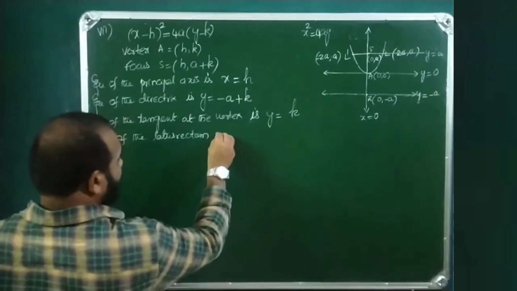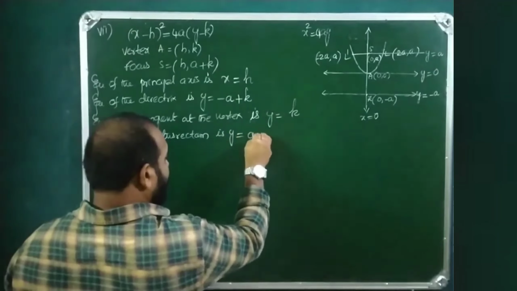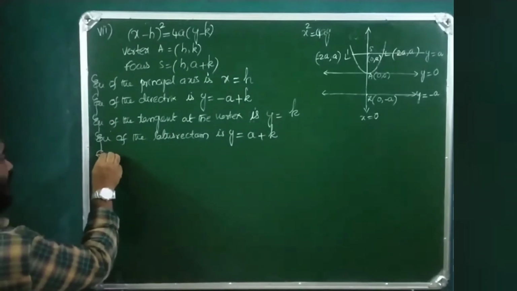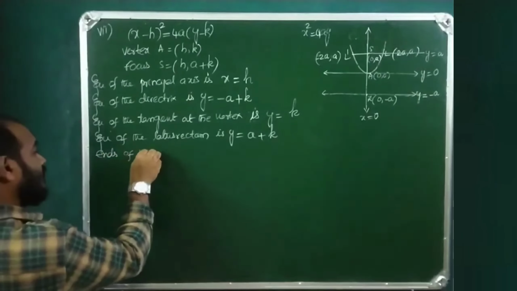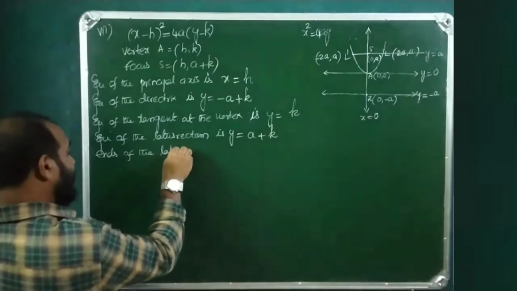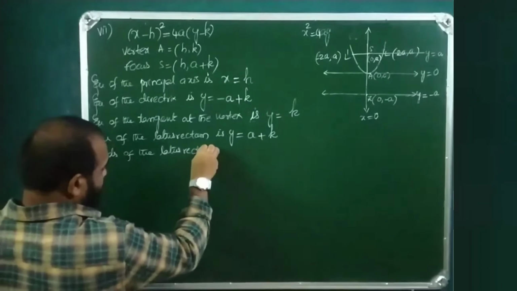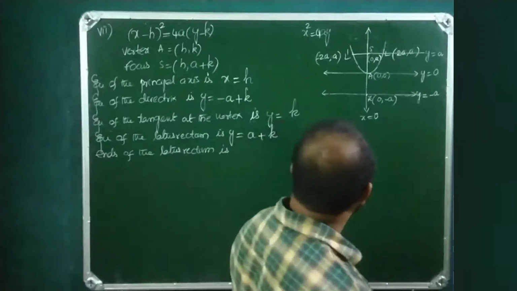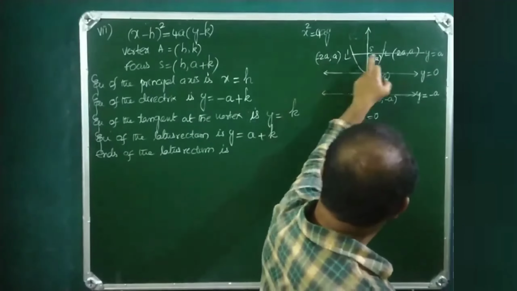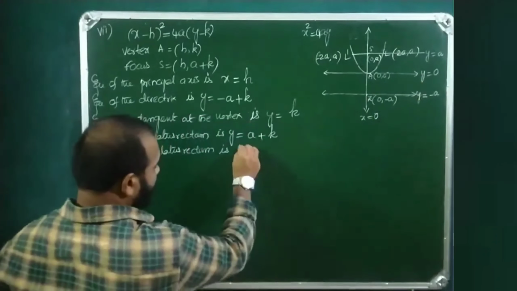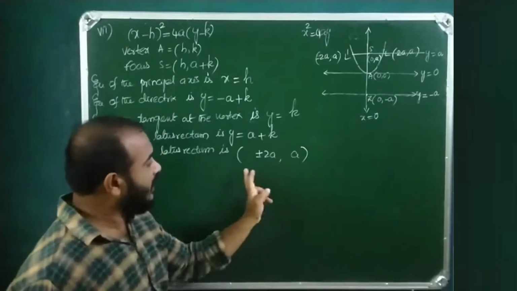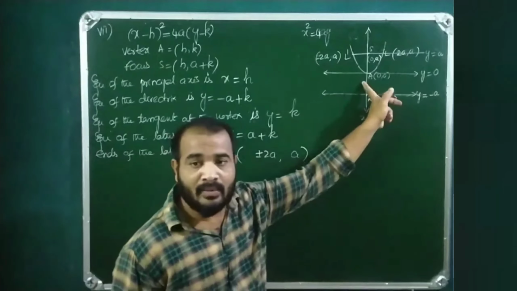So here y equals a plus k. Now the ends of the latus rectum: how much are they? The ends of the latus rectum are plus or minus 2a comma a. These are the ends of the latus rectum for this parabola.